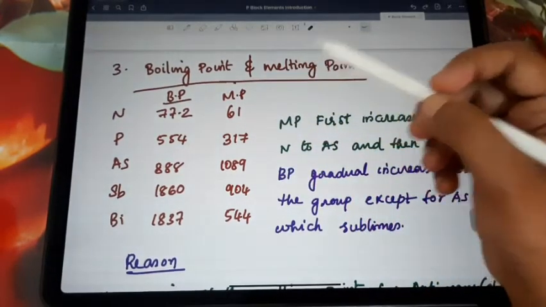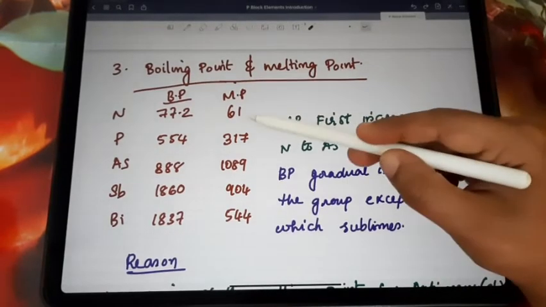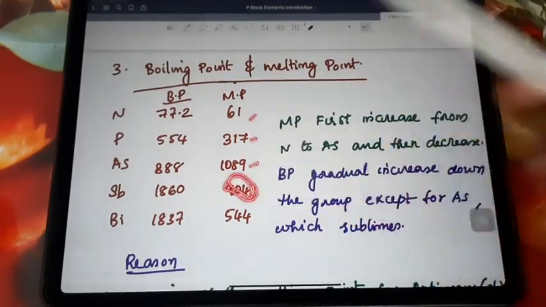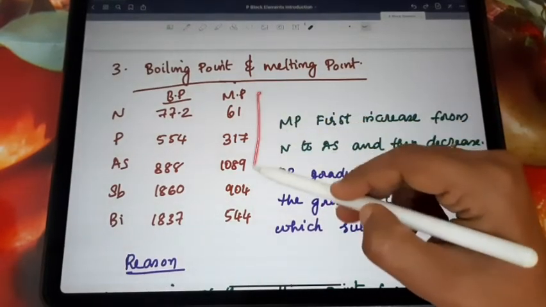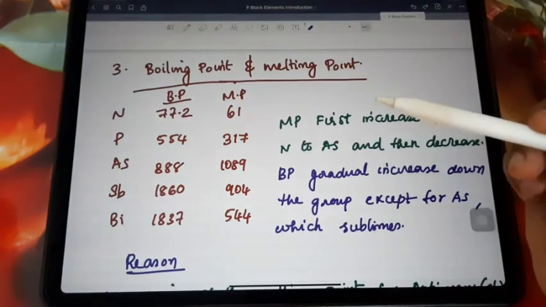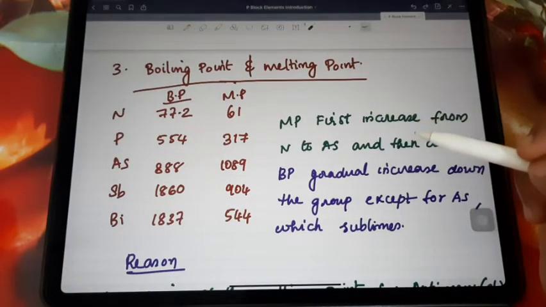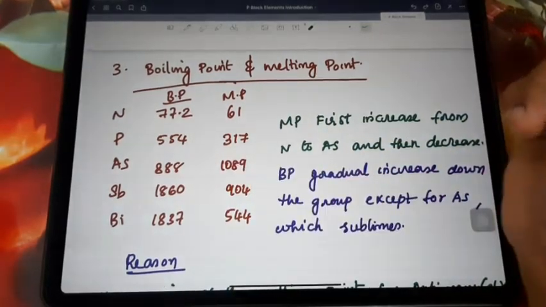But in the case of melting point, you can see that first it increases. Here is 61, 317. But here you can see that there is some decrease. From nitrogen to arsenic it increases, but afterwards it decreases. Here also one more thing you have to note down.